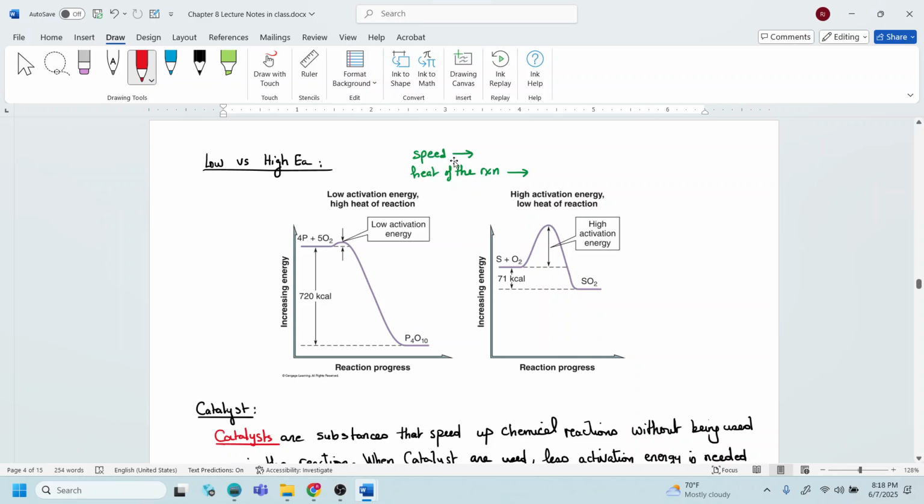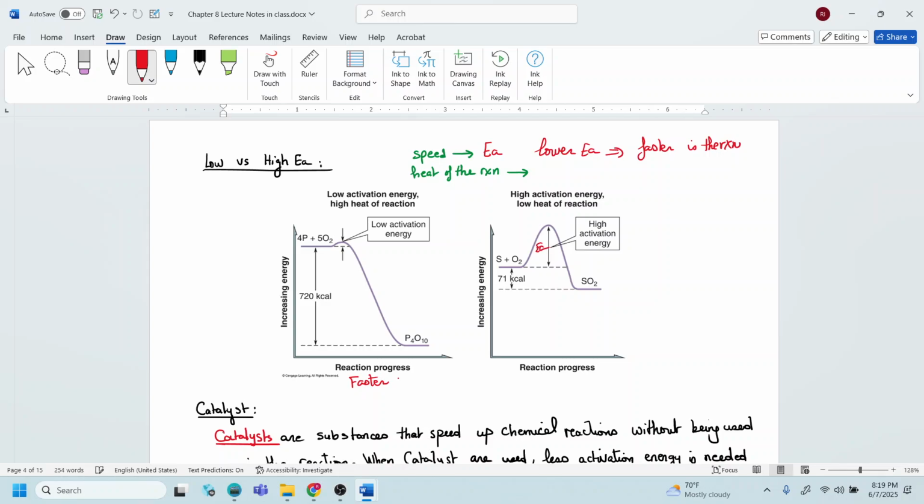So when I'm talking about the speed of the reaction, I need to look at the activation energy. The lower the activation energy, the lower the EA, implies the faster the reaction. So if I'm looking at this reaction, this one is a faster reaction for sure.